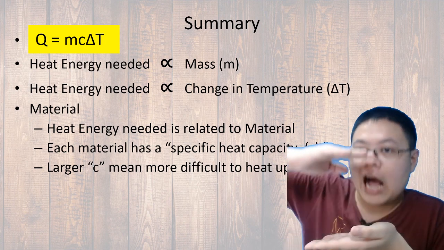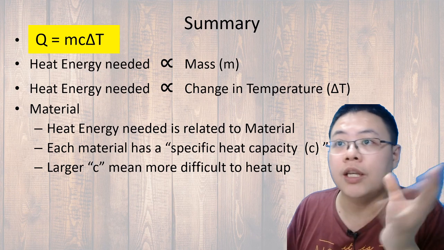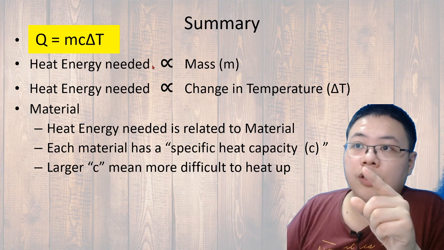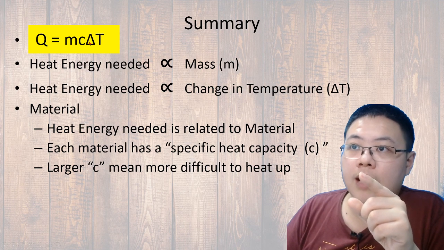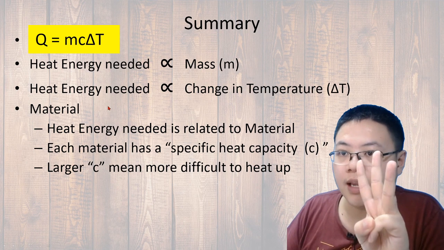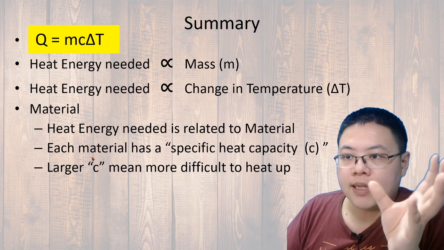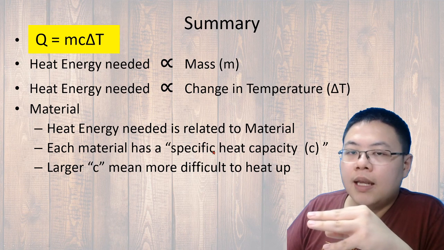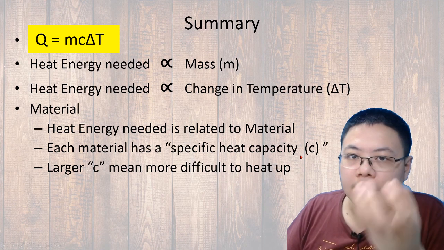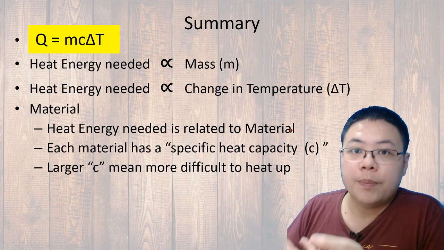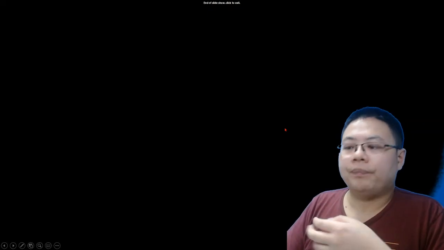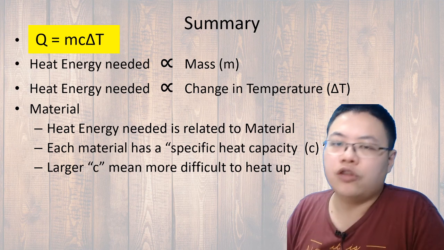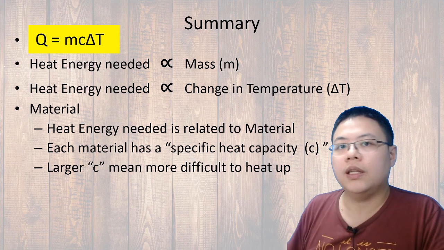If you have a large increase, you need more energy. So these two proportional relationships are M and delta T. But the third thing is C. The name of C is specific heat capacity, and it only depends on the type of material, and water has a large one, so it is very difficult to heat up water.